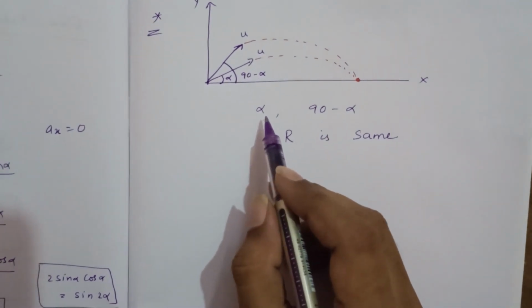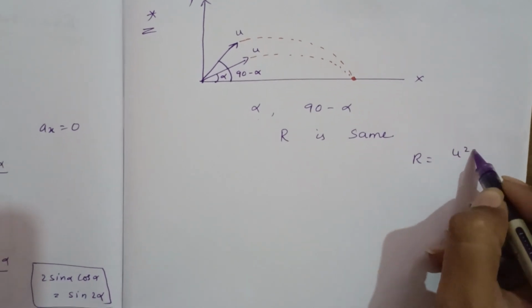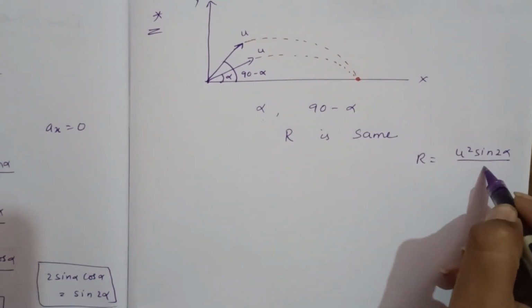For alpha we have seen R equal to U square sine 2 alpha by g.